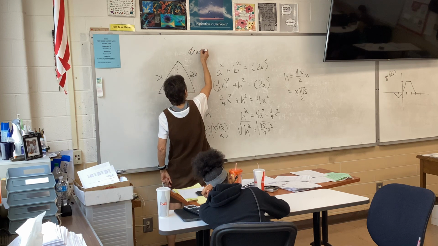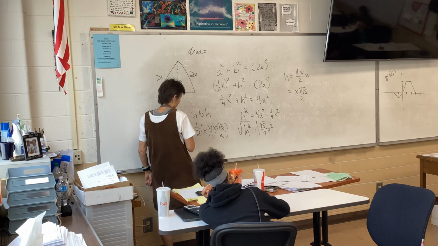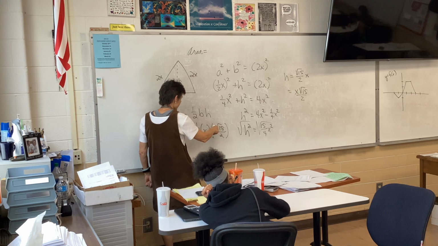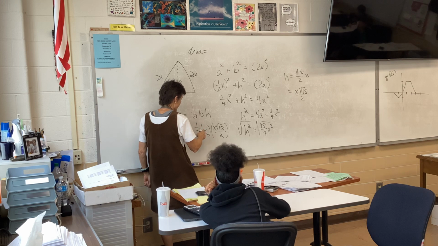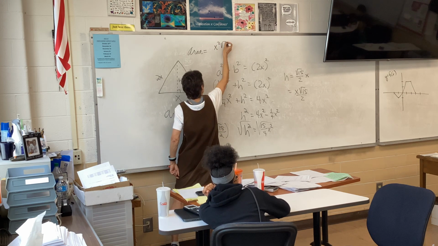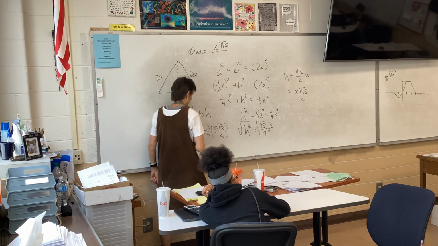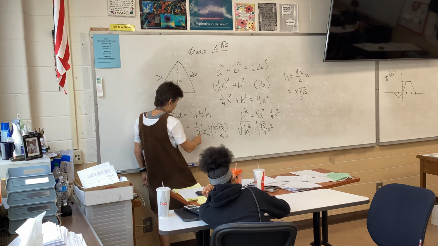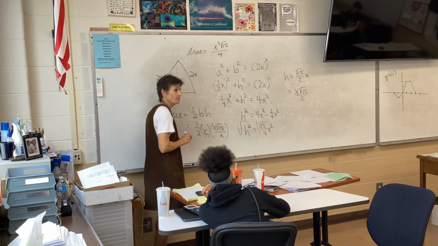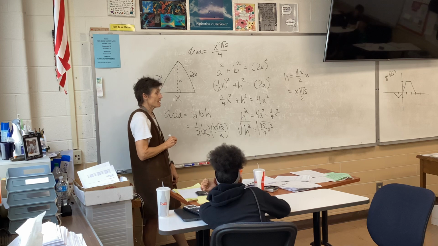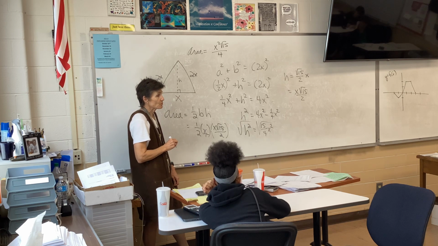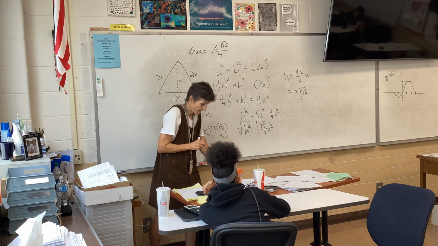Our area is going to equal, straight across the top, what do I have? 1 times x root 15. x squared root 15. And what's on the bottom? 2 times 1 times 2. There it is. That's the area of the triangle in terms of x.